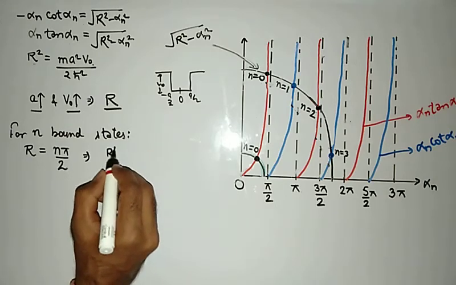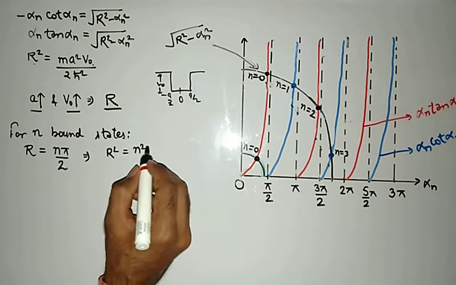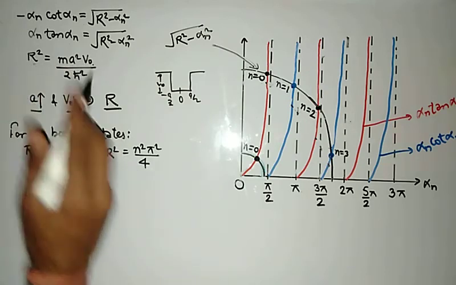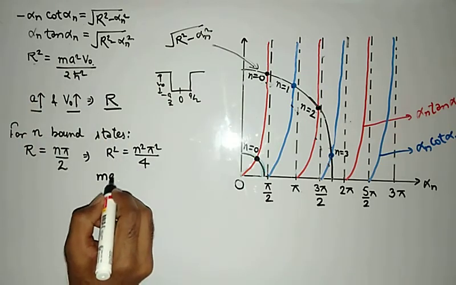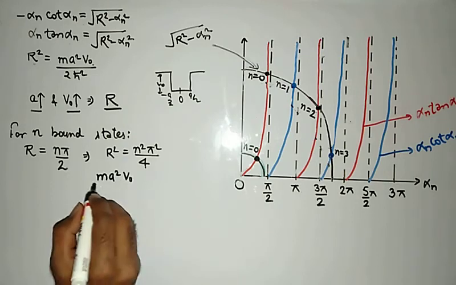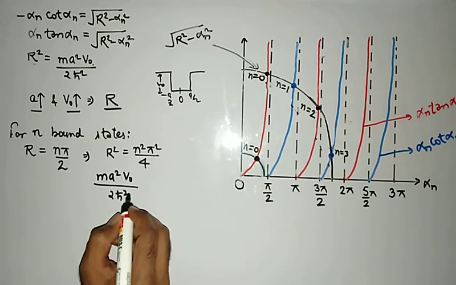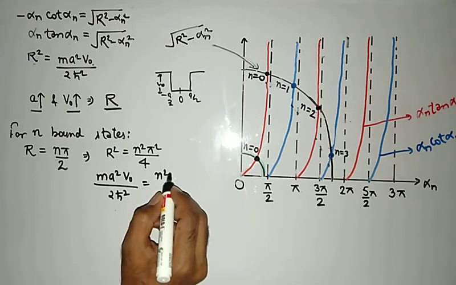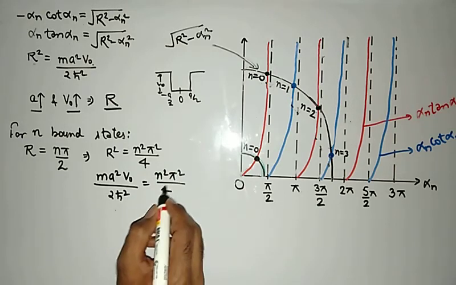So, R square is n square pi square by 4, putting this value here, m square V naught upon 2 h cut square, n square pi square upon 4.